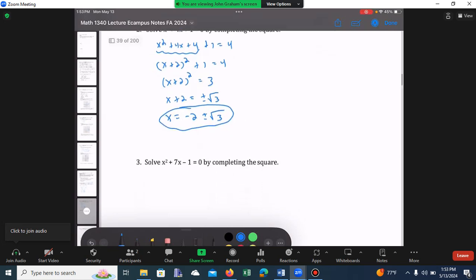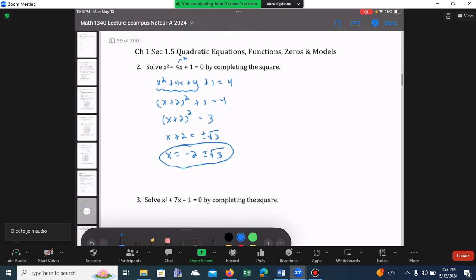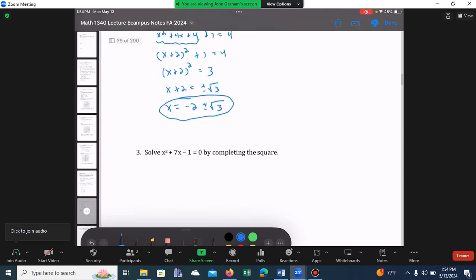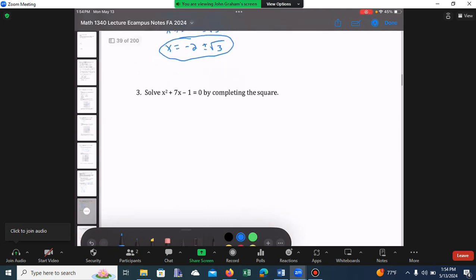Okay. Now, it's not too bad when the b term in the quadratic is even, but it gets a little harder when it's odd, because you have to deal with a fraction. I would suggest keeping it as a fraction. Don't do it as a decimal at all, it just makes it easier.